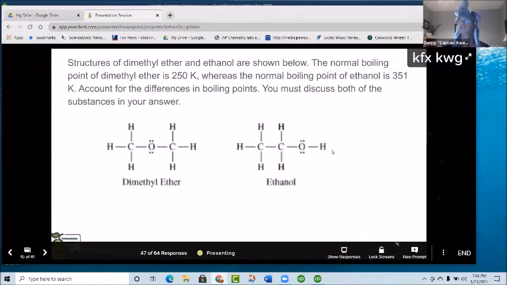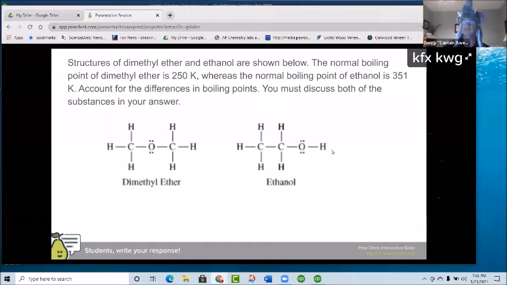Dimethyl ether is not just a hydrocarbon. Dimethyl ether actually will have a little bit of a polar quality because that molecule is actually bent. So that oxygen in the middle actually sits up top, and then the carbons come down at an angle.